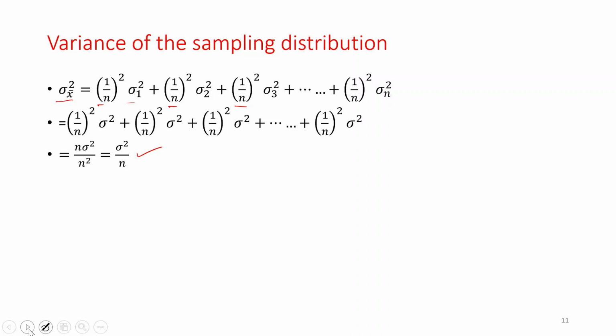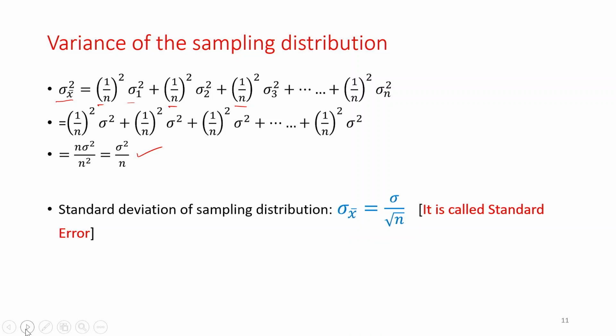That is the relationship between these two. So sigma x bar will be the square root of sigma squared by n, so it is going to be sigma by root over n. And that is what is called standard error. So standard error is the standard deviation of sample means.